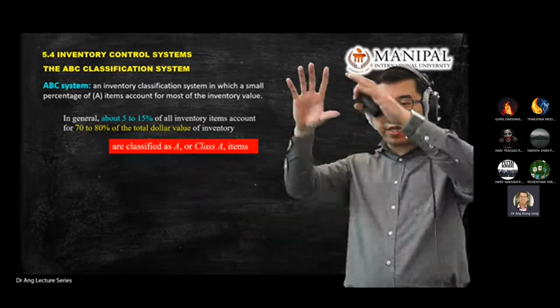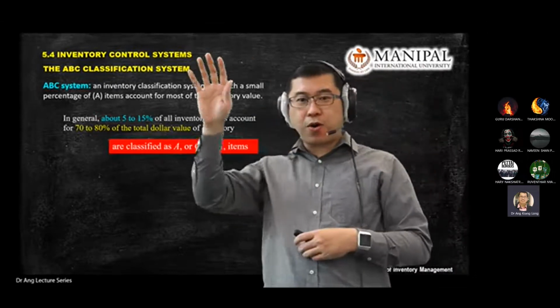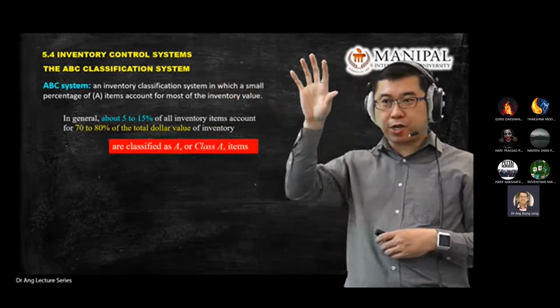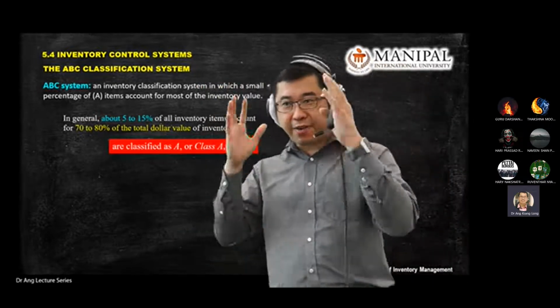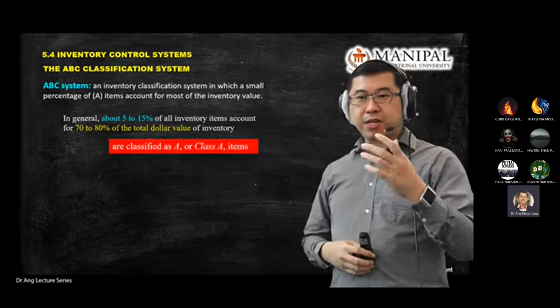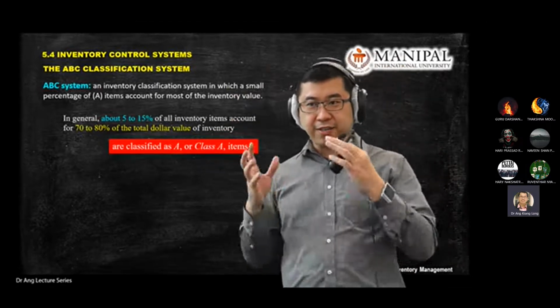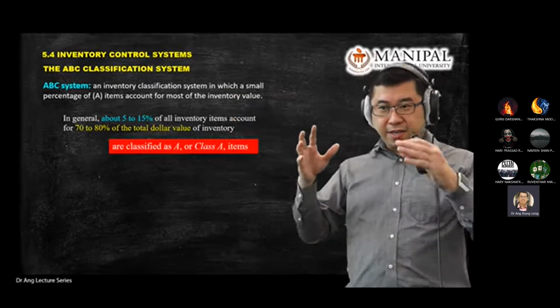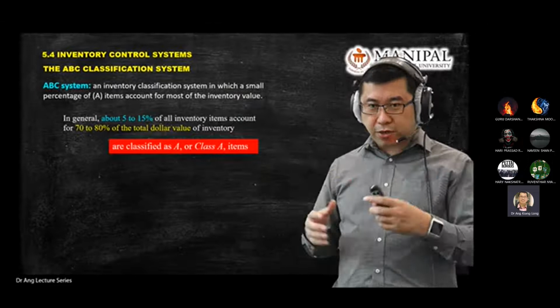Let's say your total inventory in your store, you add all the price tags, all the costs in your shop. Let's say you have 100 items, and it costs you, let's say, 1,000 ringgit as a total cost.